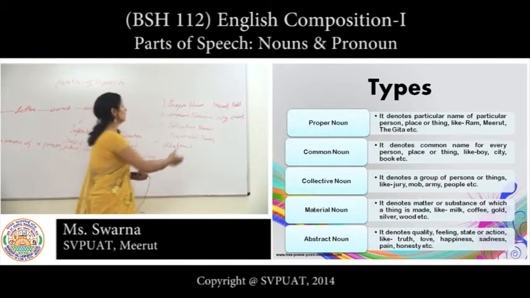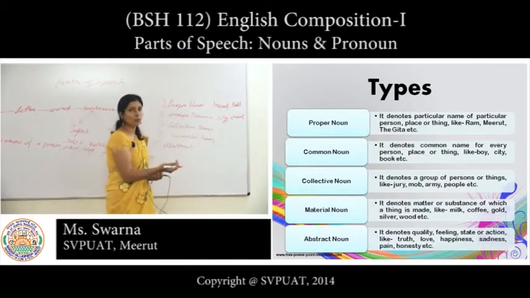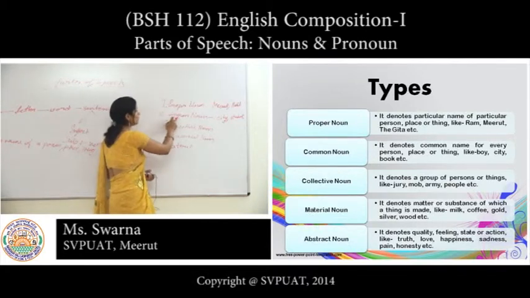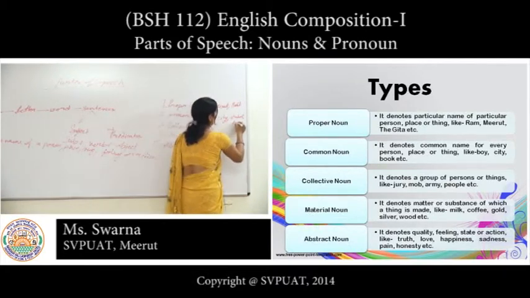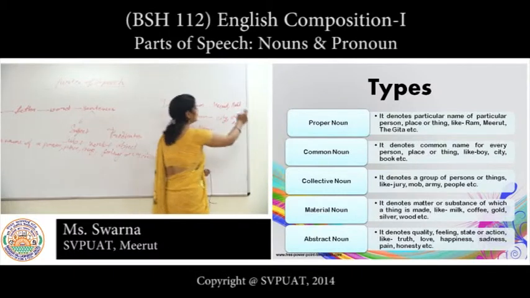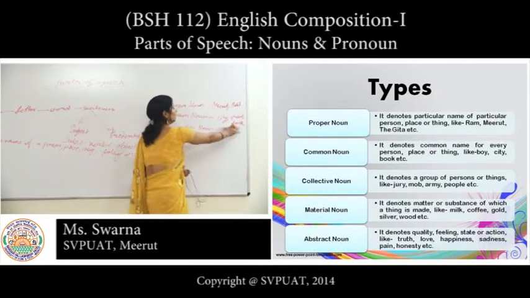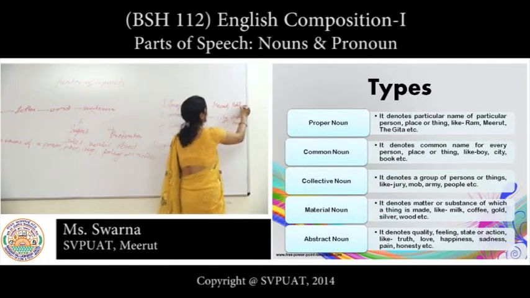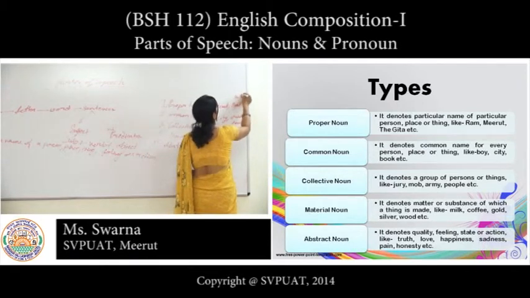And if we write book, a common name for a thing, then it is under the category of common noun, like book. And if we write down the name of that book, then it is under the category of proper noun, like the Gita.